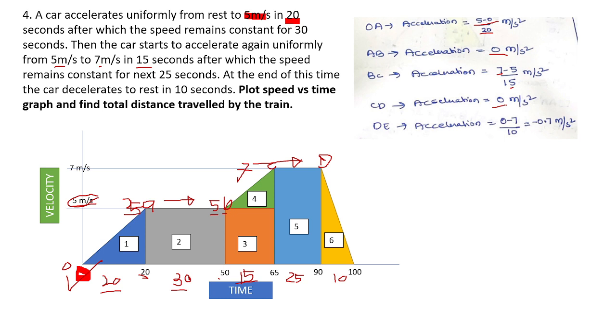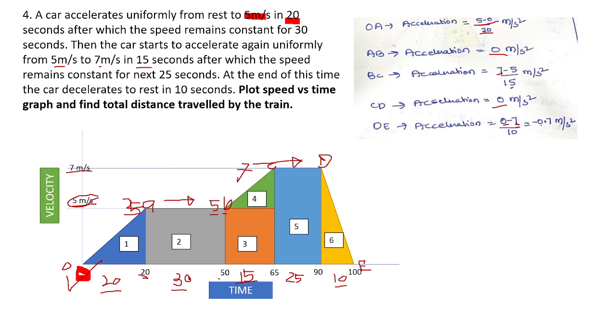There's no change in velocity, so acceleration is zero. Now from D to E, this is deceleration, meaning it should be negative. The final velocity is at rest, so that is zero, and the initial velocity when the brake is applied is 7. The total time is 10, so you get negative 0.7 meters per second squared.